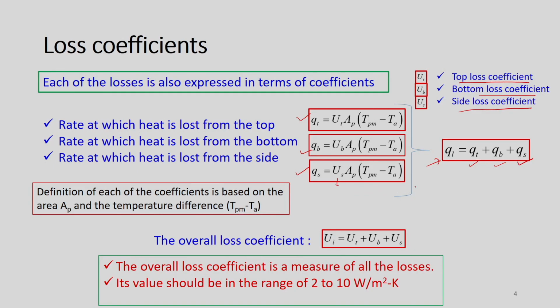So, if we substitute this expression for QL, already you know UL multiplied by AP, then TPM minus TA is equal to UT AP, TPM minus TA, plus UB AP, TPM minus TA, plus US AP, TPM minus TA, right.